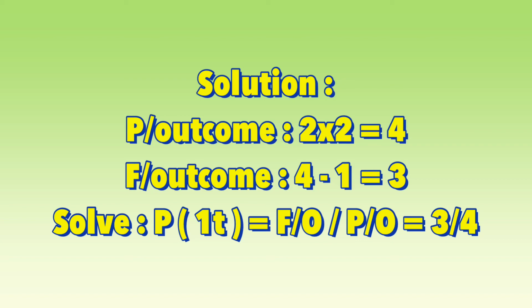To find the probability, we use the formula: the probability of at least one tail equals the favorable outcomes over the number of possible outcomes. Since the number of favorable outcomes is 3 and the number of possible outcomes is 4, our probability is 3 over 4 for getting at least one tail in choosing two coins.